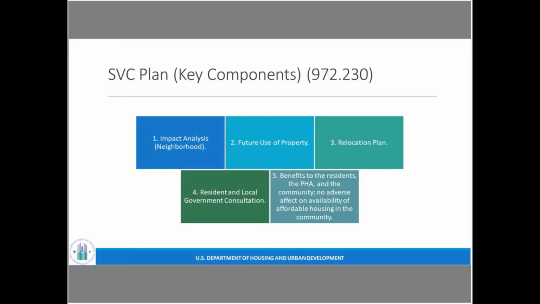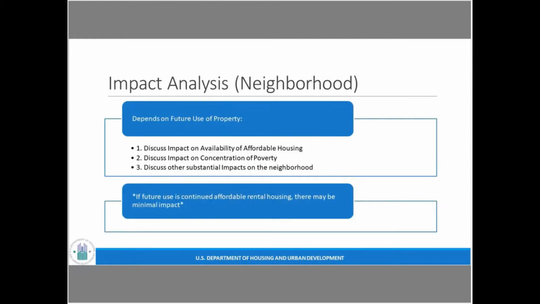That is just to ensure that the SAC also has the required additional information to process an SVC plan and application, including things like evidence of PHA plan, board resolution, environmental review, a description of the property, all of those administrative housekeeping things. But these are the 5 regulatory components of a Streamlined Voluntary Conversion Plan. And we're going to get into these in a little more depth in the next slides.